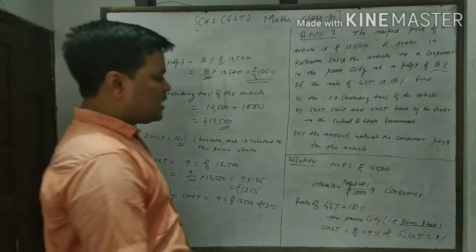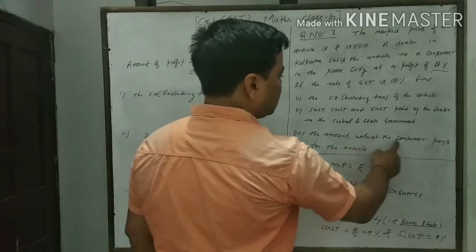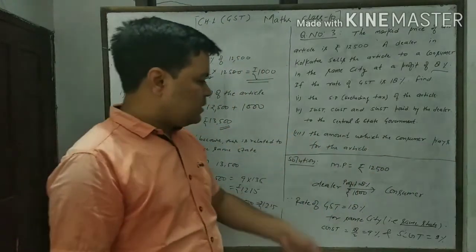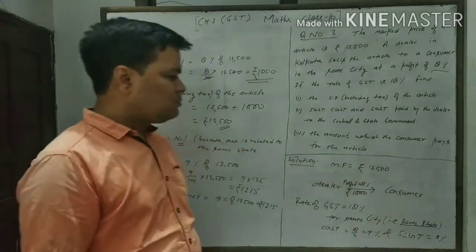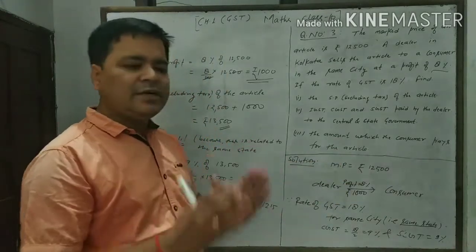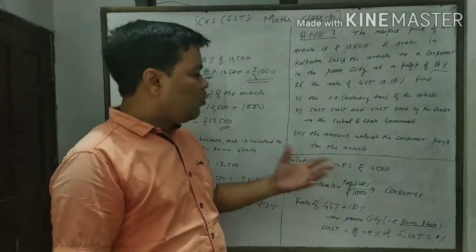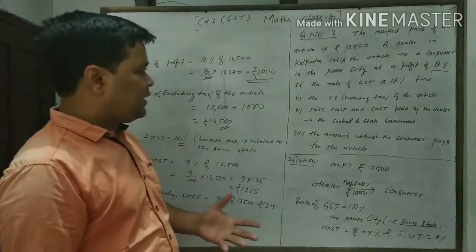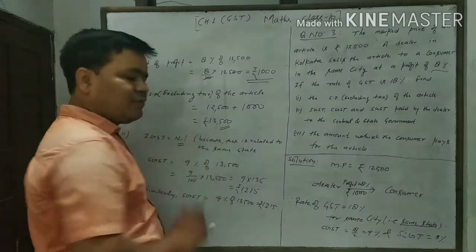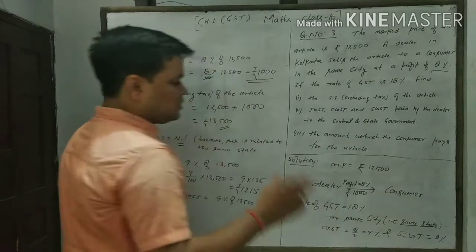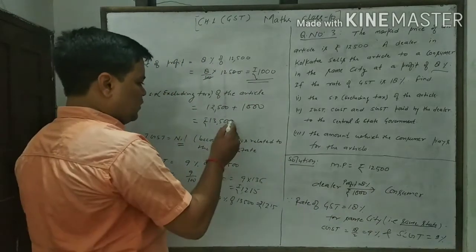Now the last part is the amount which the consumer pays for the article. It means we have to find the total value of the article including tax, including GST. So here the value of the article is 13,500, and the consumer has to pay the GST also on this value.